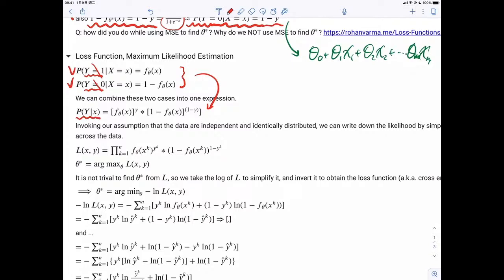Take a look. If y currently is 0, what does the later notation become? That becomes f theta x.